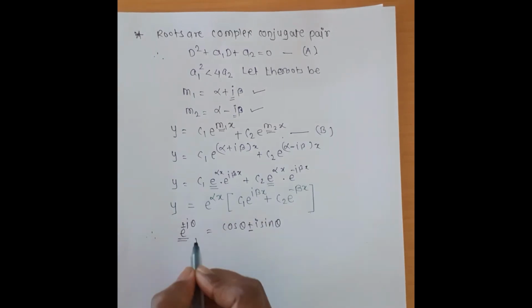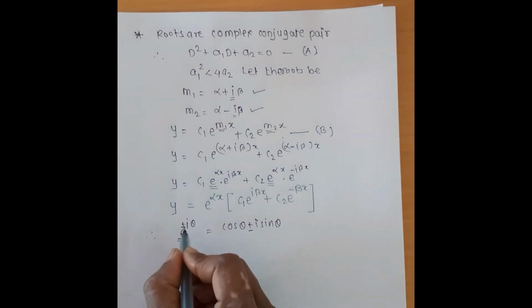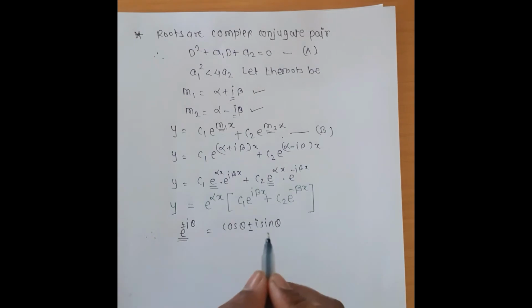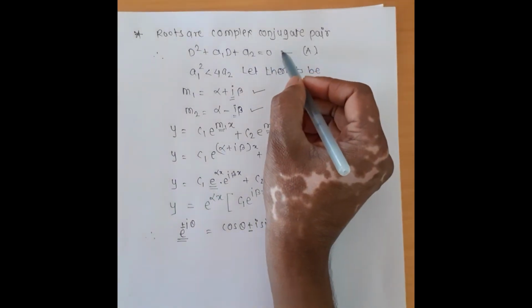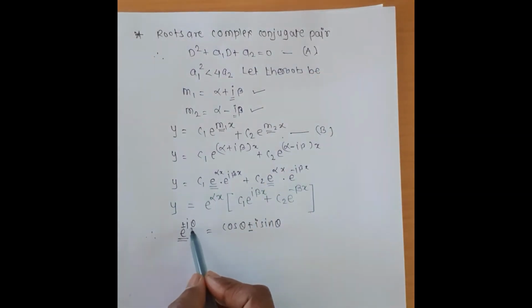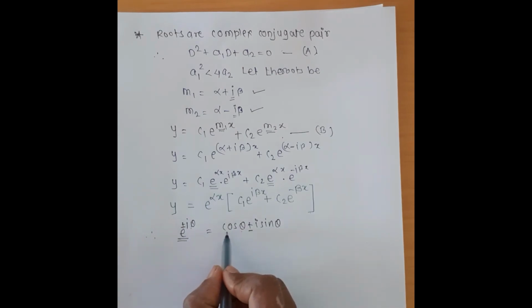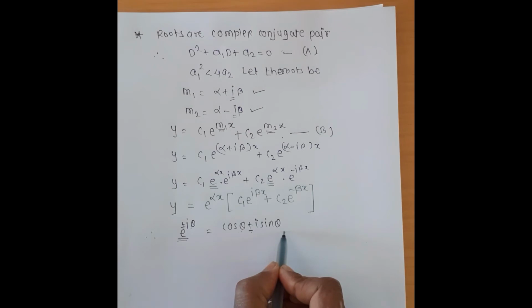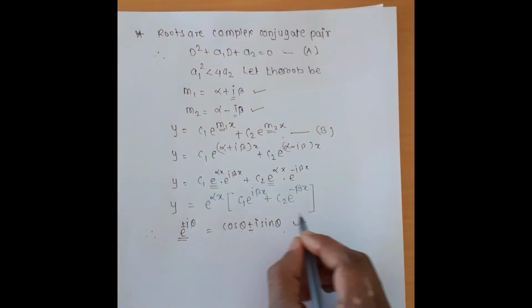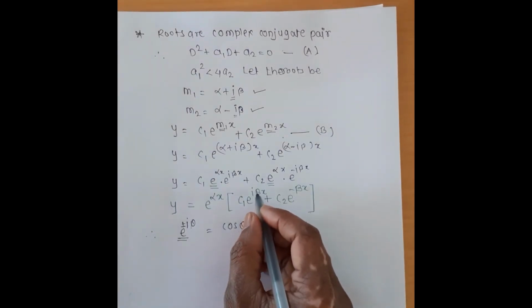Because this is an exponential term and we are discussing an imaginary term, since our solution is a complex conjugate, e raised to i theta is represented as cos theta plus i sin theta. This is the actual formula. Here the function is e raised to i beta x.